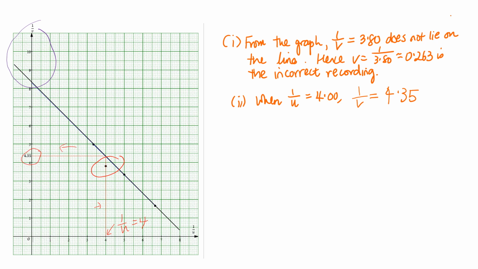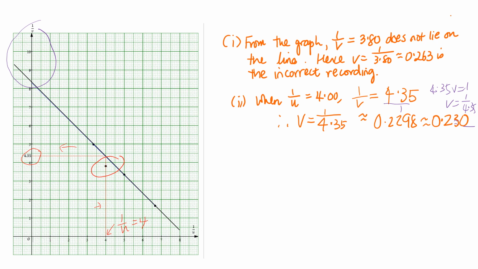That will be the correct value, which is 4.35. Then you do a cross multiply. So 4.35V equals 1, so V is 1 over 4.35. Just use your calculator to evaluate it, which is 0.230. So that should be the correct recording.